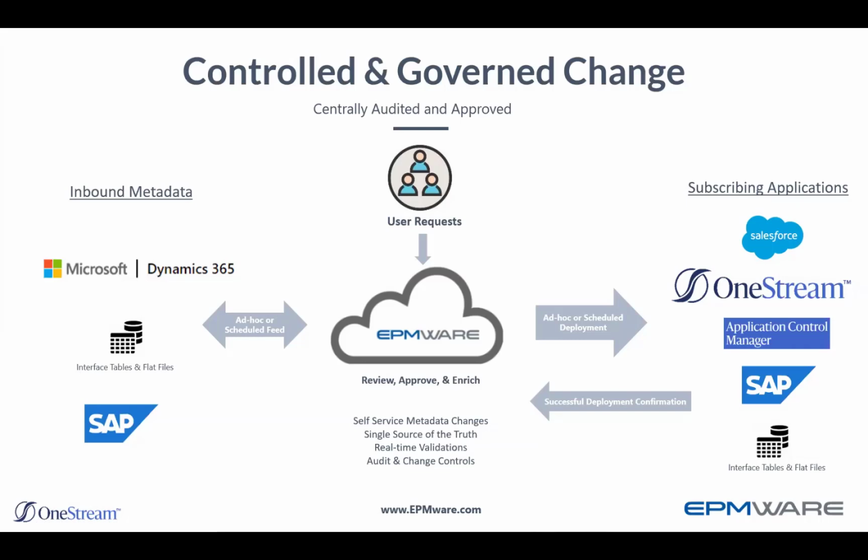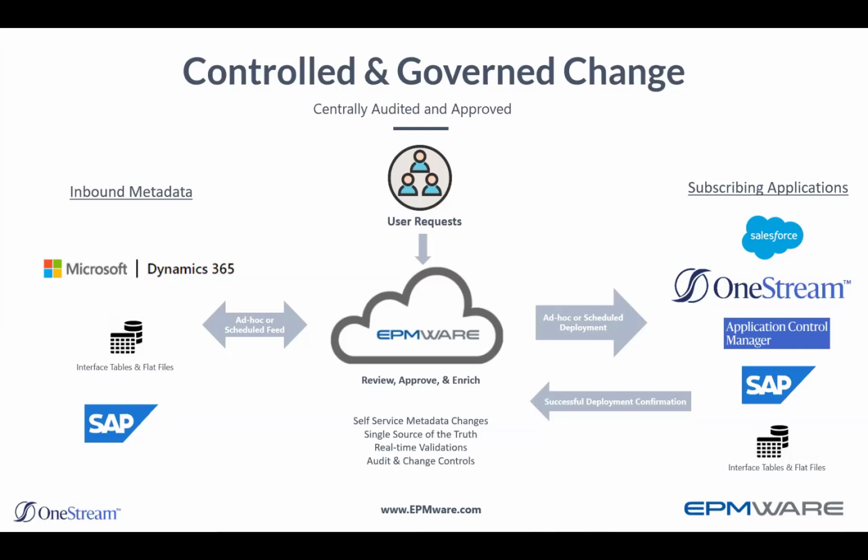So on day one of using EPMware, you're able to import your hierarchies. So with OneStream, for example, you can grab your XML, load it into EPMware, probably about a 7 to 10 minute process. And then once you've created change, you're able to simply press the deploy button, and EPMware will push that metadata directly to the target application, and then we'll wait for successful deployment confirmation from that application.